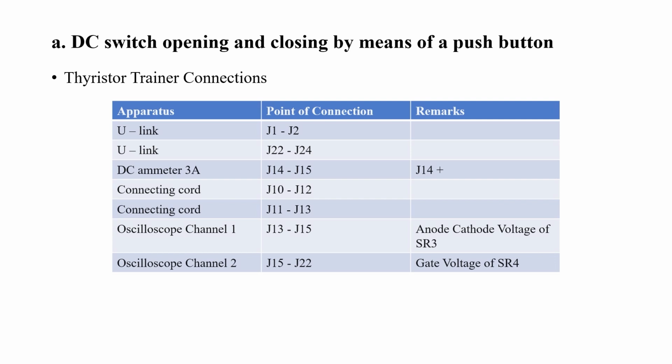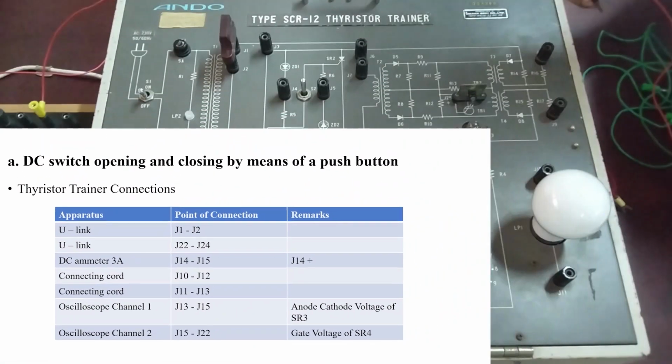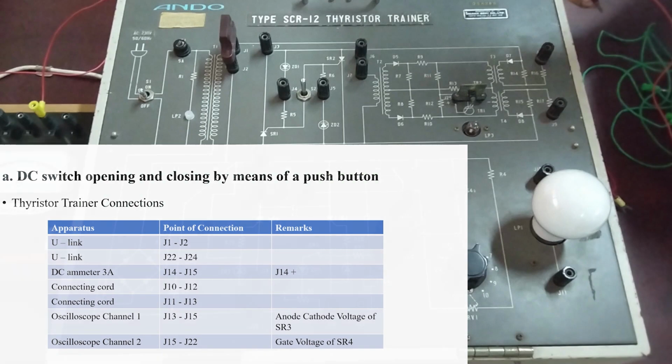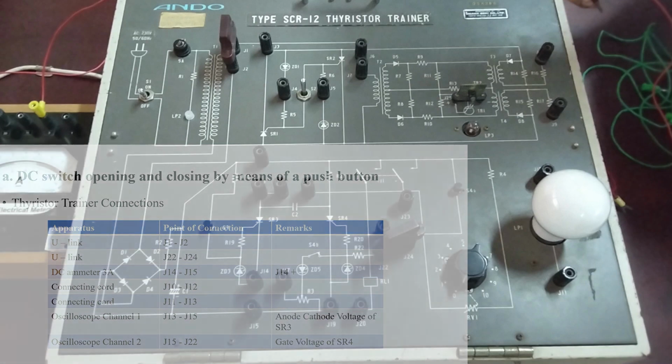For the sake of ease, we can consider these junction connections in order to implement our circuit on top of the trainer kit. You might wonder why we use this junction table. That is because all the electrical and electronic devices are already inbuilt inside the trainer kit and only the necessary open terminals come out from the circuit, as you can see here on top of the trainer kit.